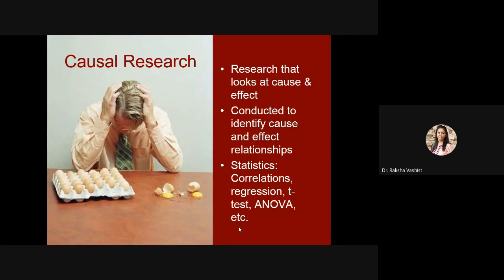So causal research uses statistics such as correlation and regression, which we use mostly to find out the impact of one variable on the other variable, then t-test, ANOVA, etc. All those statistics are used in causal research to find out the cause and effect relationship between two variables.